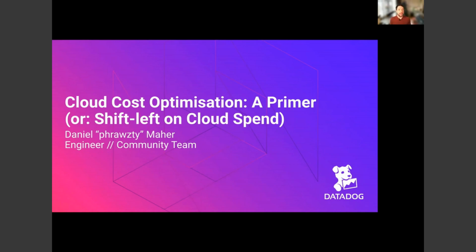And there are clear advantages to this, both individually and organizationally, as we'll see over the course of the next few minutes we have here together. So while this is definitely a primer on cloud cost optimization, again, really what I want to get to the heart of is this idea of shifting left on this conversation.